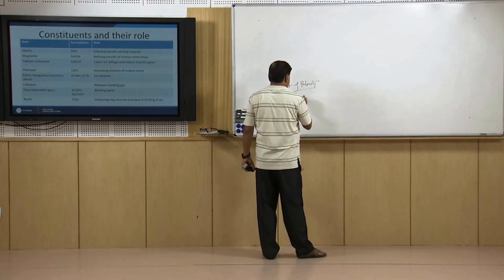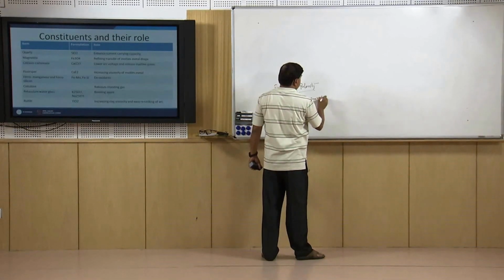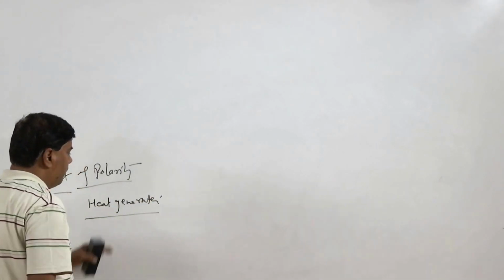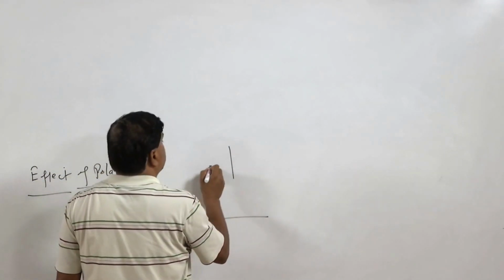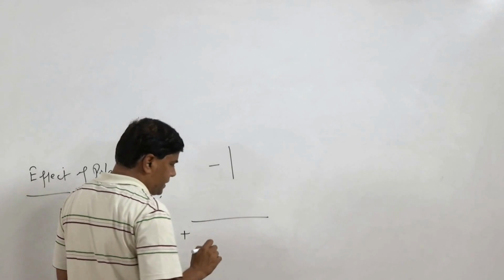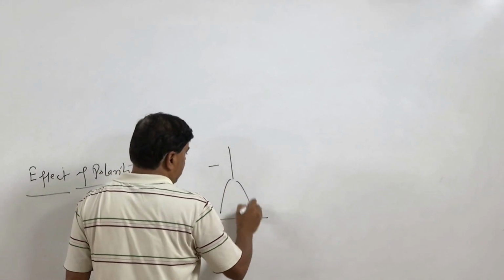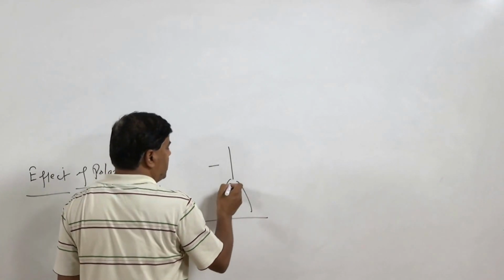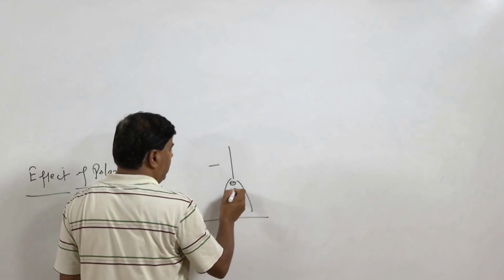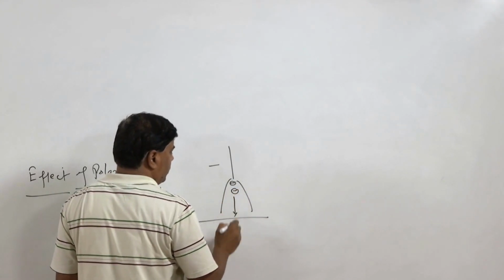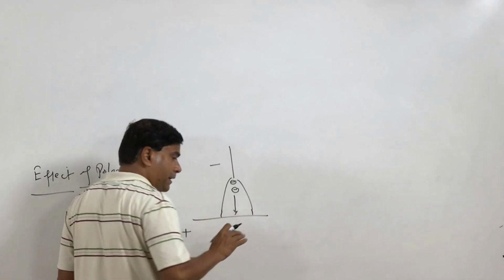So, what is the heat generation or distribution related aspect? This is very important. When straight polarity is used, the workpiece is connected to the positive and the electrode is negative. In this case, electrons are emitted by the electrode and they keep moving towards the workpiece, striking it, and the impact generates a lot of heat.